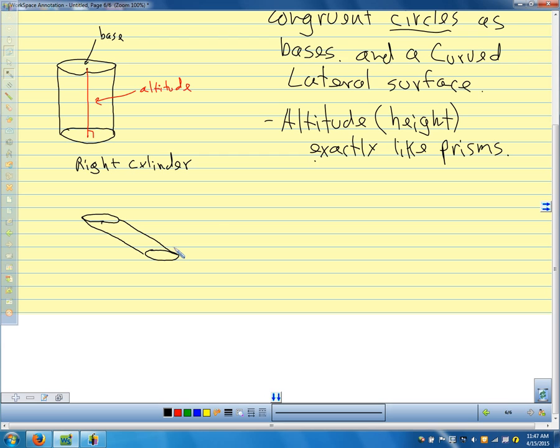So just remember, a right cylinder looks like a slinky that's straight up and down. An oblique cylinder would be slanted like that. So this would be oblique.